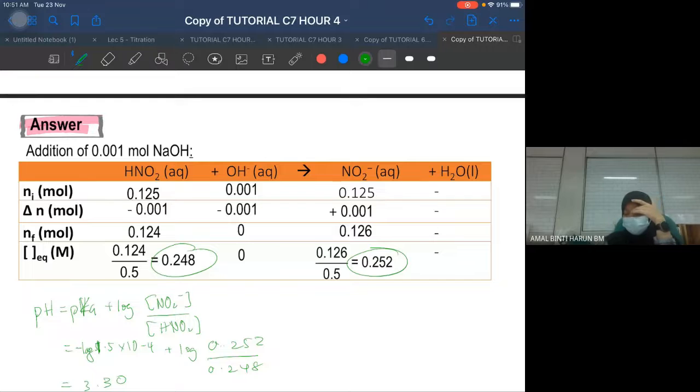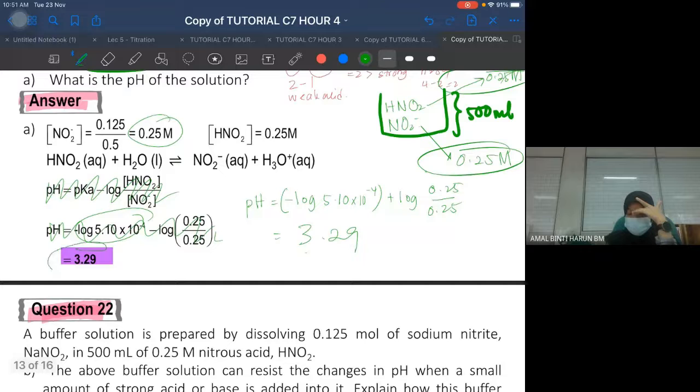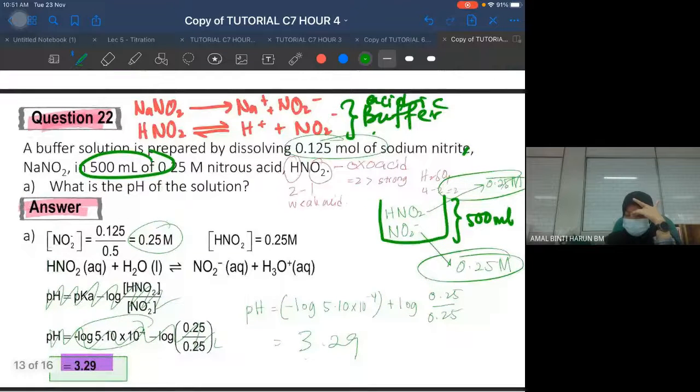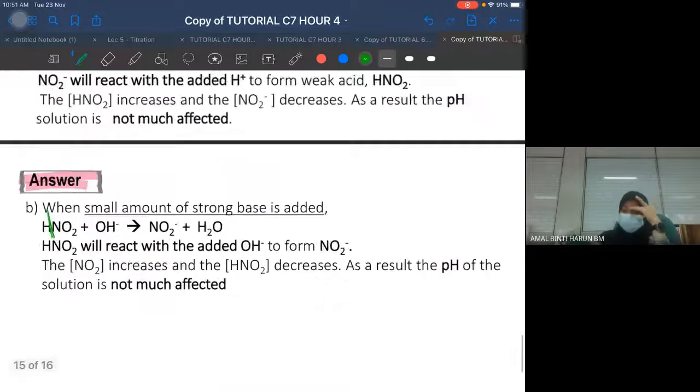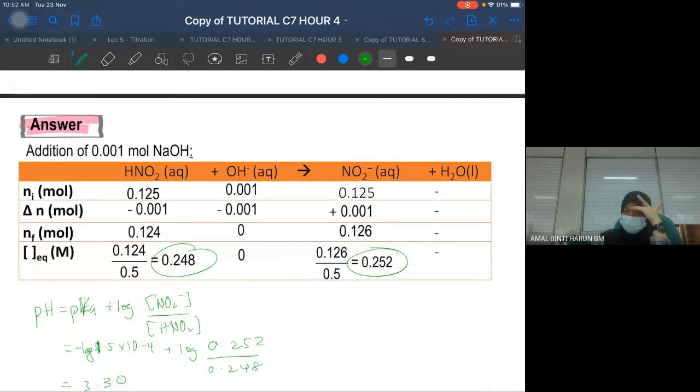Originally pH dia berapa tadi? 3.29 kan? Originally pH dia 3.29.